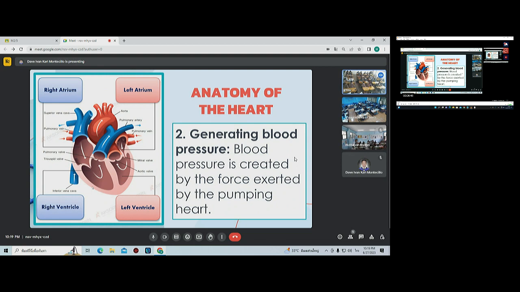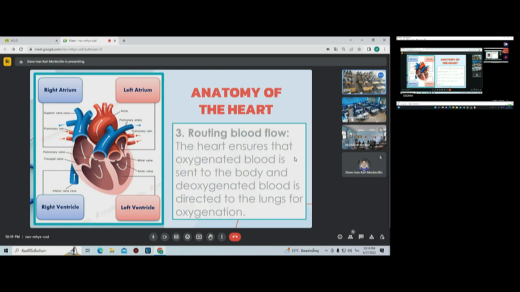Again, we have the blood in our heart. It's just moving, circulating. It will not stop. The blood in our heart just moves.